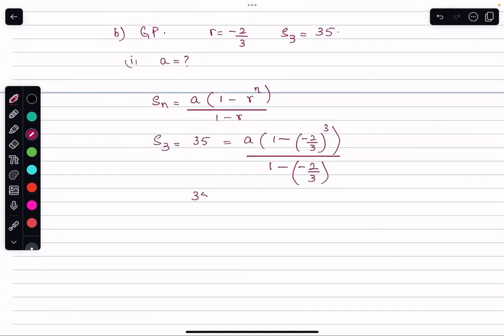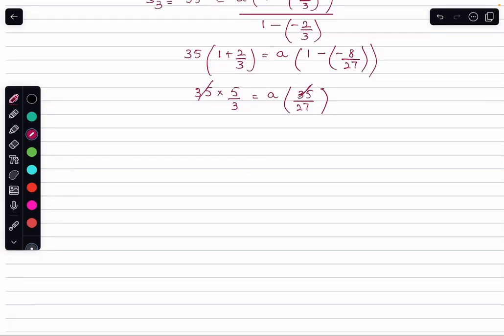So it's going to be 35 times 1 plus 2 by 3 equals a times 1 minus negative 8 divided by 27. So this is 35 into 5 over 3 equals a, and 35 gets simplified, and I shall be left with 5 by 3 into 27 equals a, or I can say that my a value here is 45.